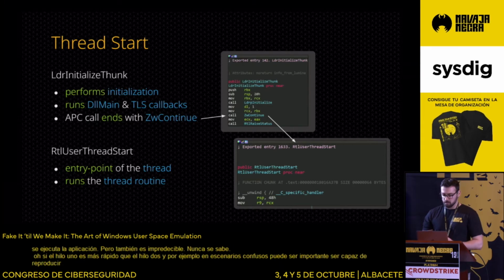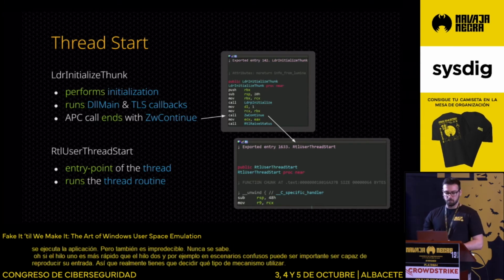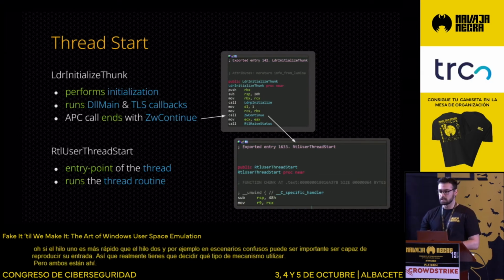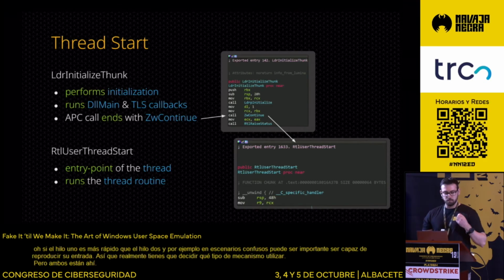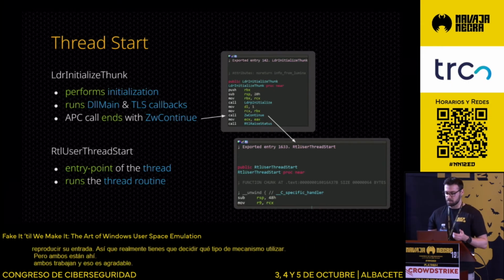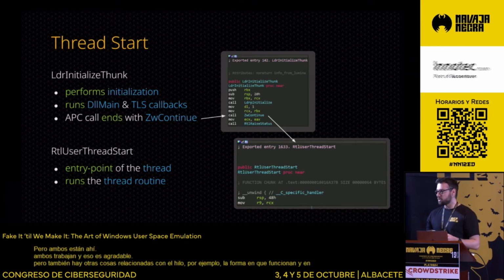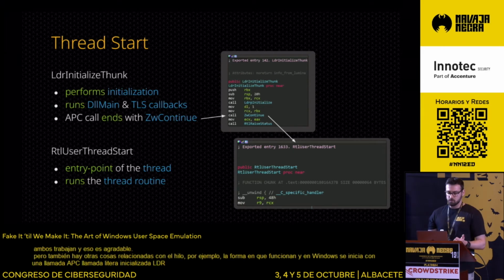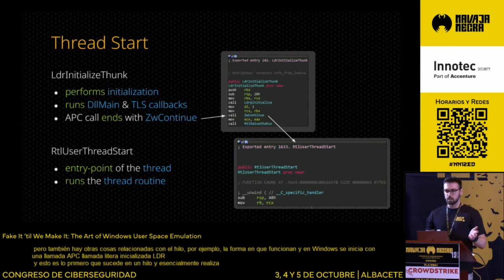But there are also other things related to threading, for example, the way they work. On Windows, it starts with an APC call called LdrInitializeThunk, and this is the first thing that happens on a thread, and it essentially performs initialization. It runs, for example, all the DllMain functions from every loaded DLL. It performs all the TLS callback work.